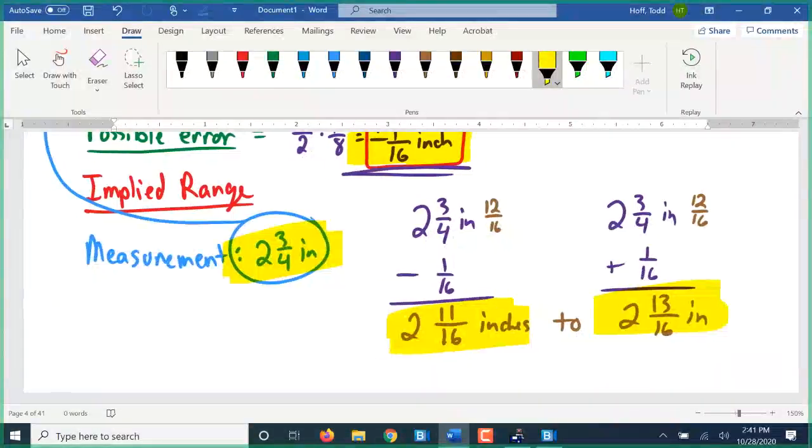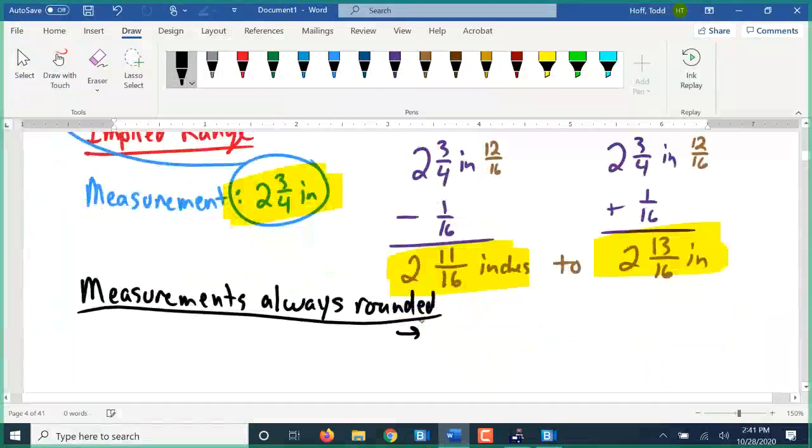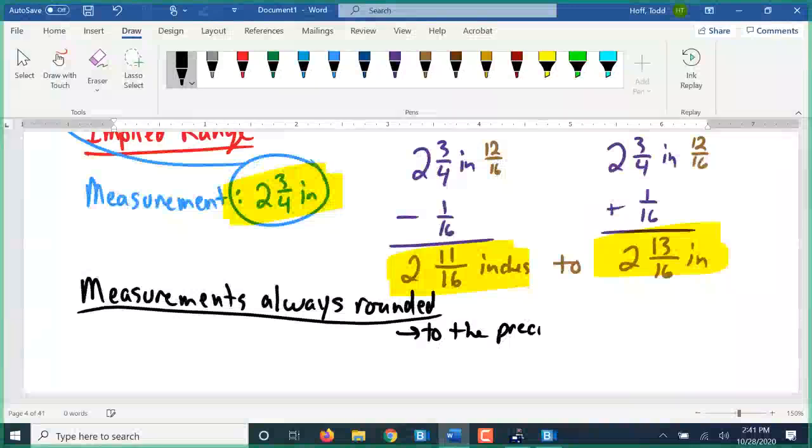Measurements are never exact. In other words, measurements are always rounded. And they're always rounded to the precision of the device.